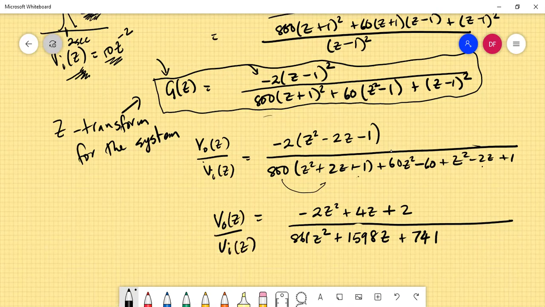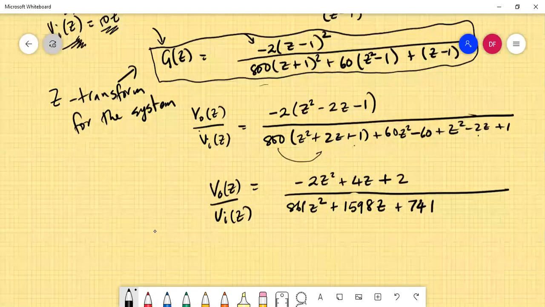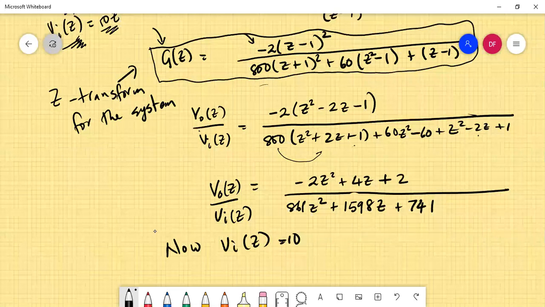So we are saying if V in is a voltage spike, we would say V in of Z is equal to 10 Z to the minus 2. So therefore it would carry over to the next side.